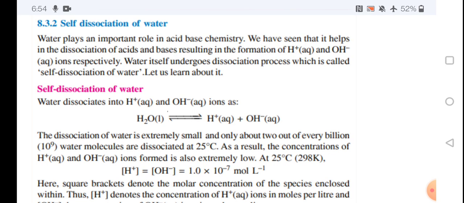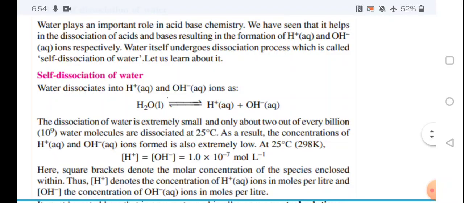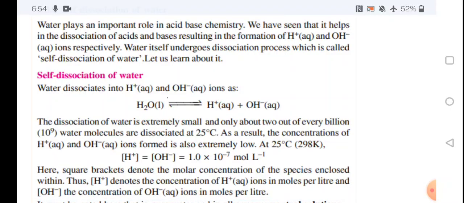As a result, the concentrations of H plus and OH negative ions formed are extremely low at 25 degrees Celsius.